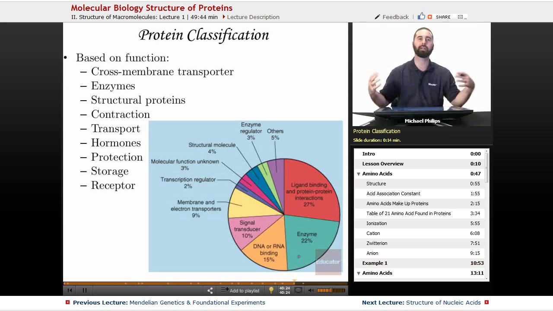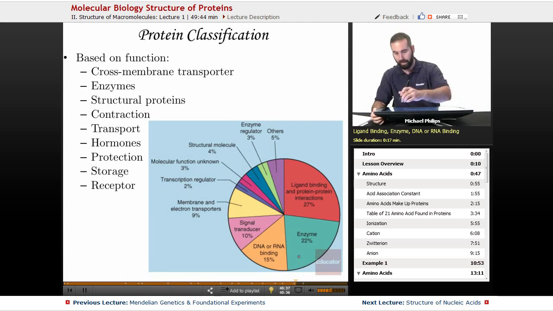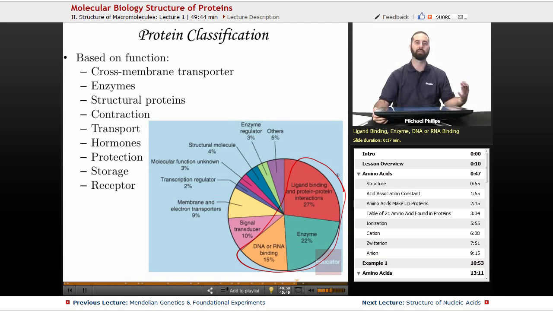Now, proteins can be classified in many different ways, and one of the easiest ways to classify them is based on their function. So you don't necessarily want to classify them based on what they look like, but you want to classify them based on what they do. All right, and as we can see here, a majority of our proteins are going to be ligand binding, DNA binding, or enzymatic.